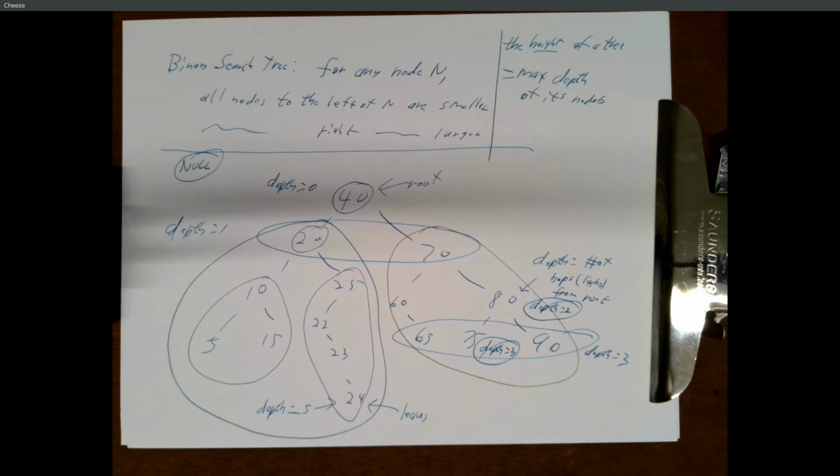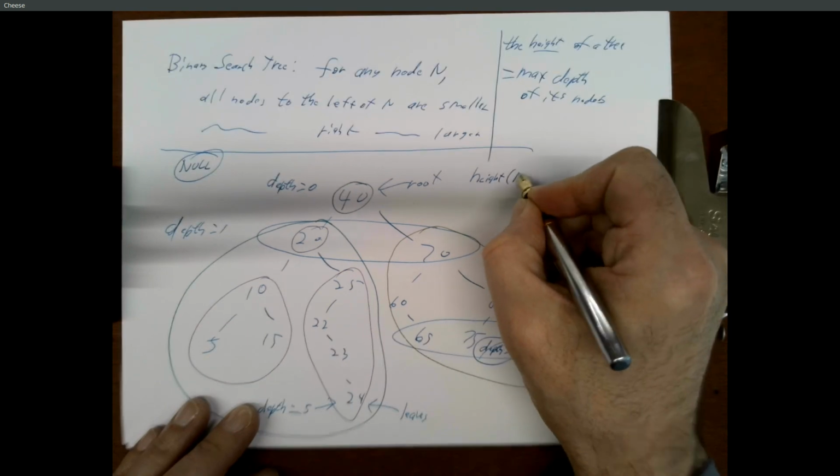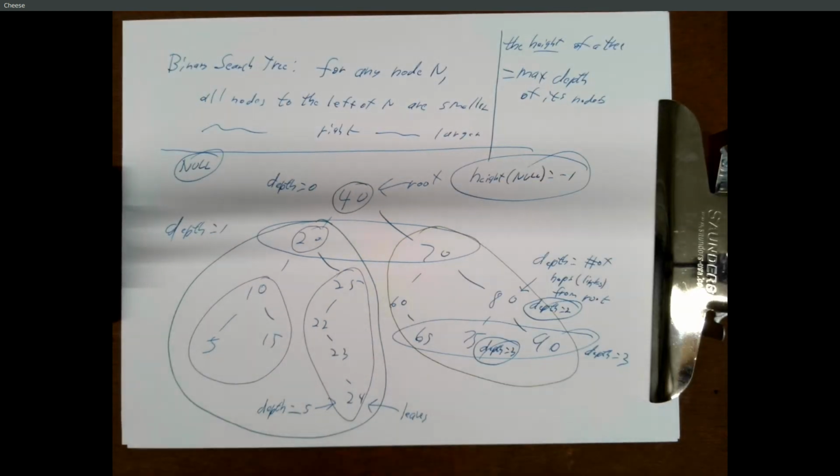It's not 0 because we don't have any nodes in there. The height of an empty tree is actually -1. And that's fairly nonsensical, but it's a definition, and it makes all the math work out really nicely. So we live with that.